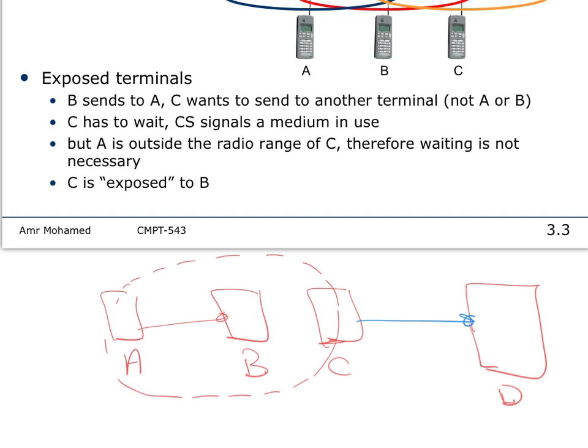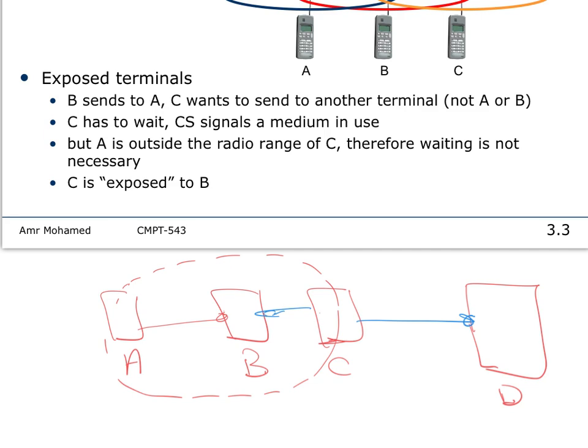So node C is actually trying to send to D. Will that, in fact, cause collision? Collision happens at the receiver. At B. Collision will happen at B if they are sending at the same time.